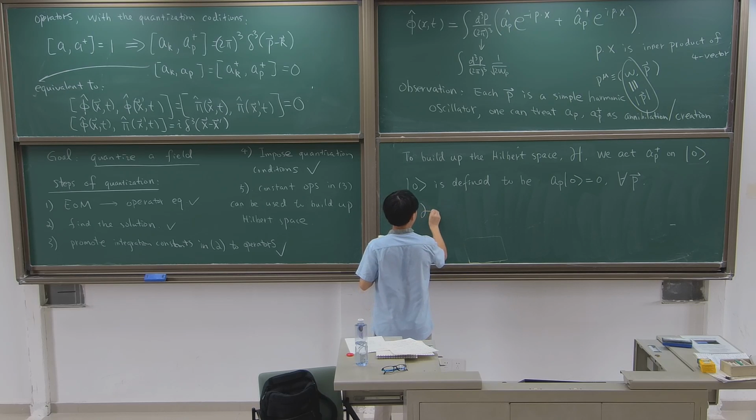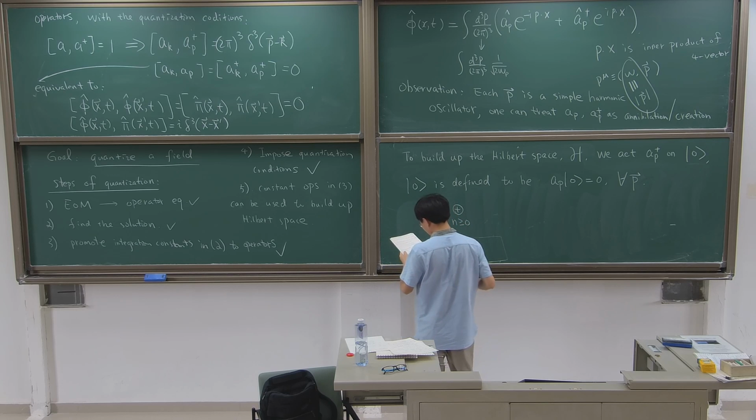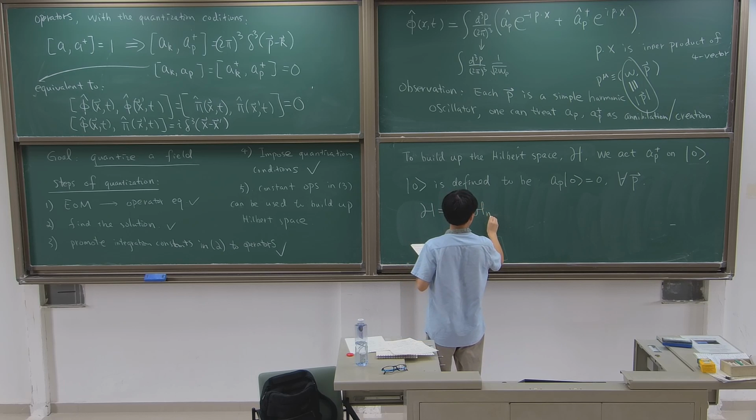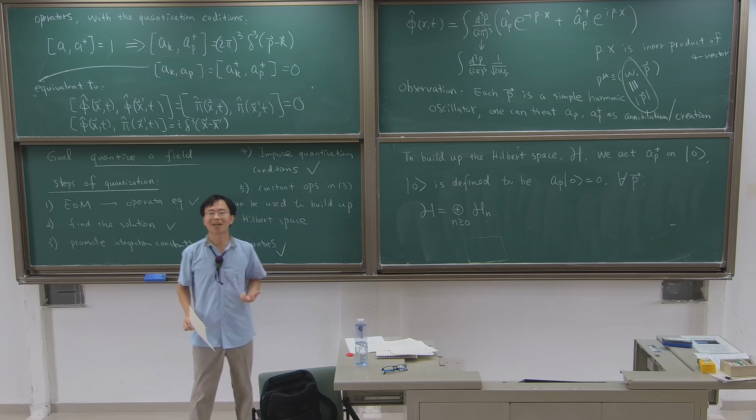Now you get the entire Hilbert space, which consists of all the different little n subspaces.